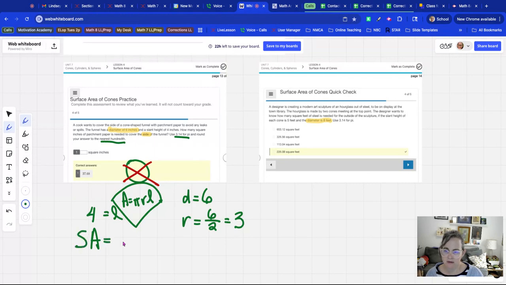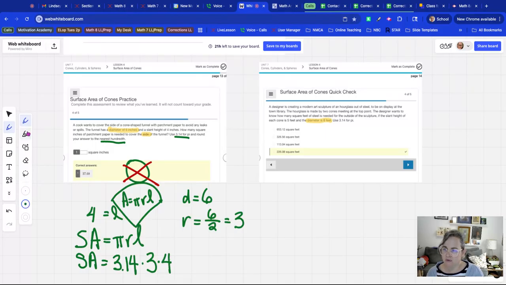Surface area is pi r L. I write it every time with the variables because it helps me remember it. Over time, I'll memorize it. 3.14 times the radius, which is 3, times the slant height, which is 4.